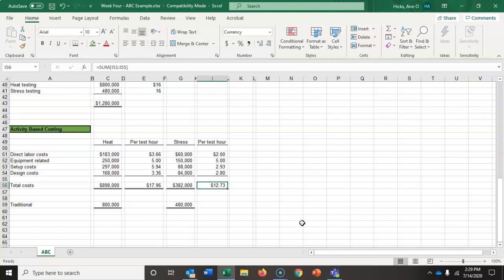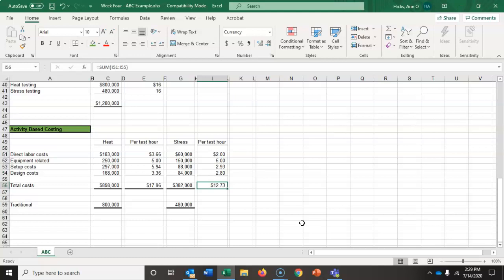This is the advantage of activity-based costing. We get a better picture of how much it is actually costing us, and therefore can come up with a better price to charge our customer. Now, again, I go back to my original video, and that is there's costs associated with this, and we cannot use these cost calculations for external reporting purposes, which means if we have this system, we also have to have a regular system.